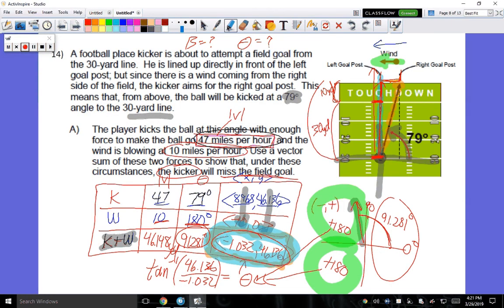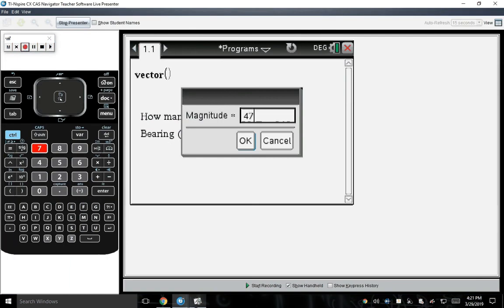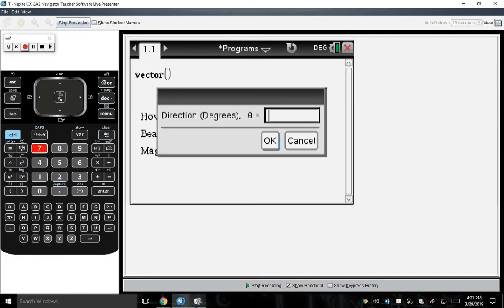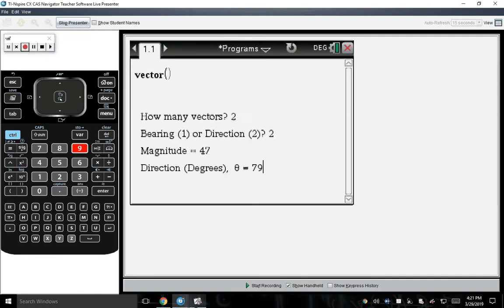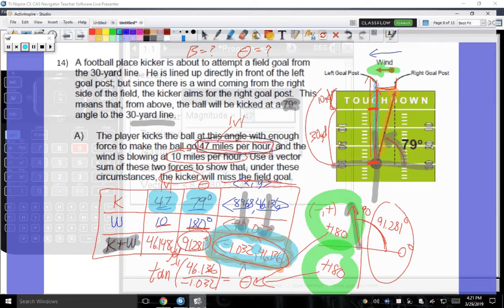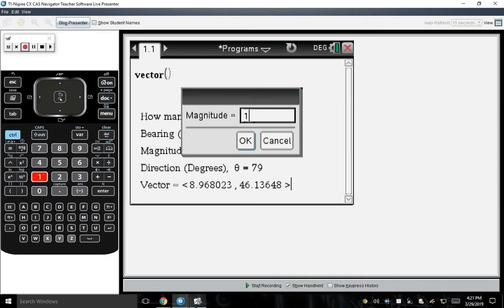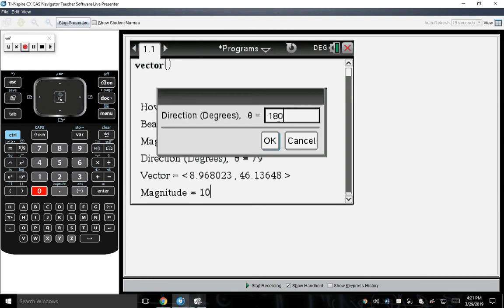So what I'm inputting now are the magnitude and then the angle. So let's go back to the calculator, and the magnitude is 47. And then the angle is 79 degrees. Now the second one is 10 and 180. So this magnitude is 10 and the direction is 180.